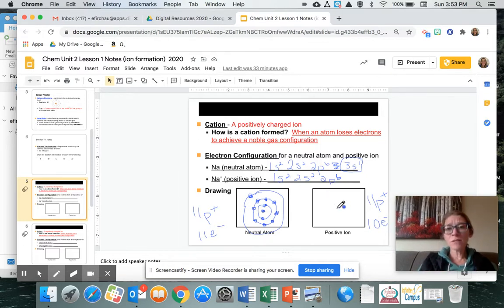And once sodium loses an electron, now here's our first energy level with those 2 electrons in it. And then here's our second energy level. In the second energy level, we still have a total of 8 electrons. We have 2 in the s sublevel and 6 in the p sublevel. Sorry, my electrons are pretty messy.